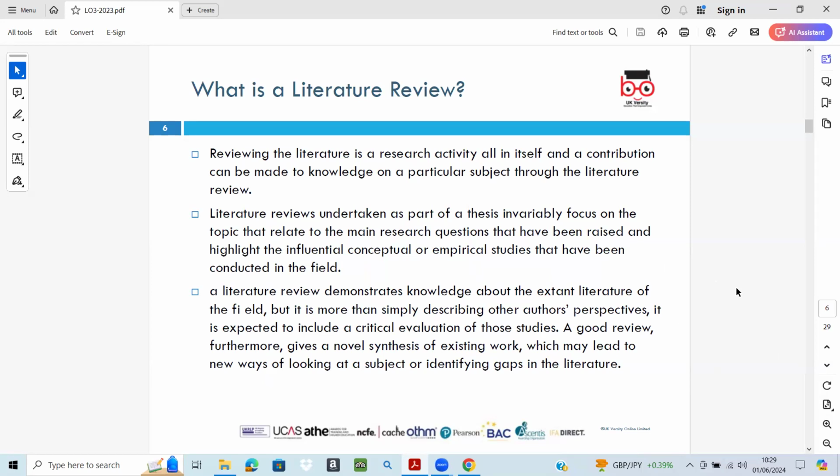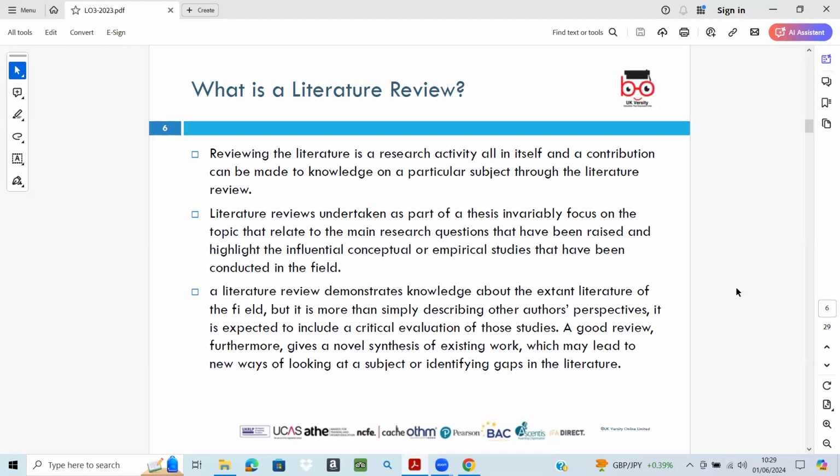A literature review is a fundamental component of any research project. It's much more than a summary of existing studies. It is a comprehensive and critical summary and synthesis of research that has been conducted on a specific topic.